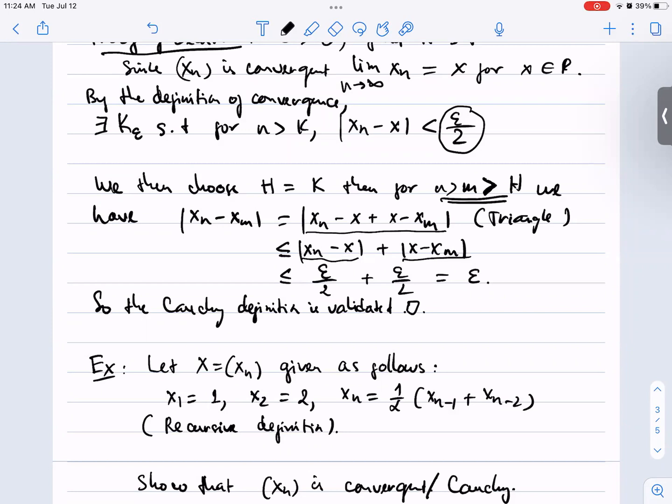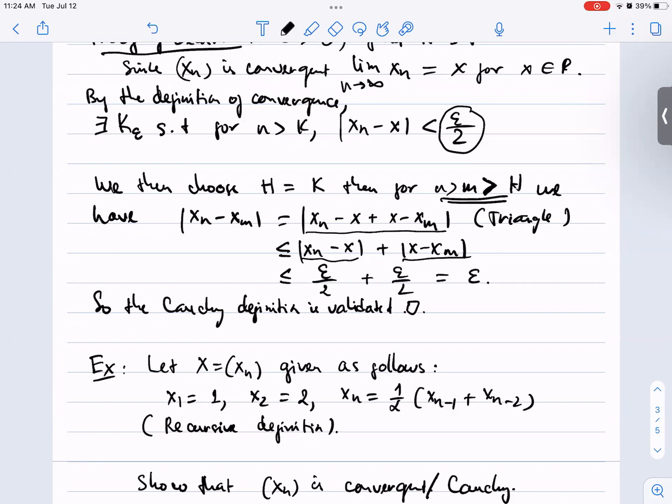Applying the triangle inequality, it is smaller than or equal to |x_n minus x| plus |x minus x_m|. Because n and m are bigger than h, by the choice of h and k as described above, |x_n minus x| and |x_m minus x| are each smaller than epsilon divided by 2.